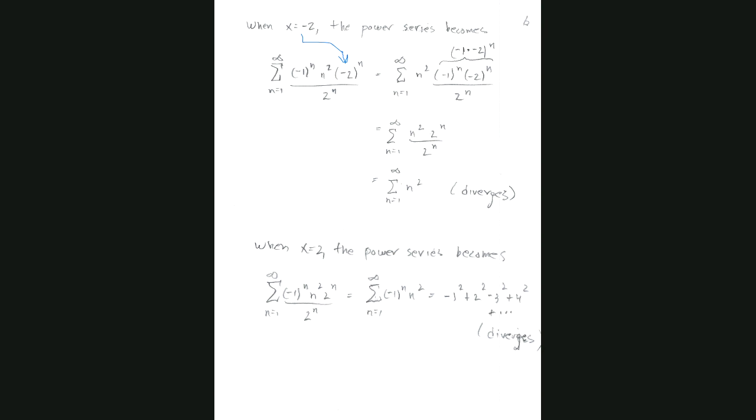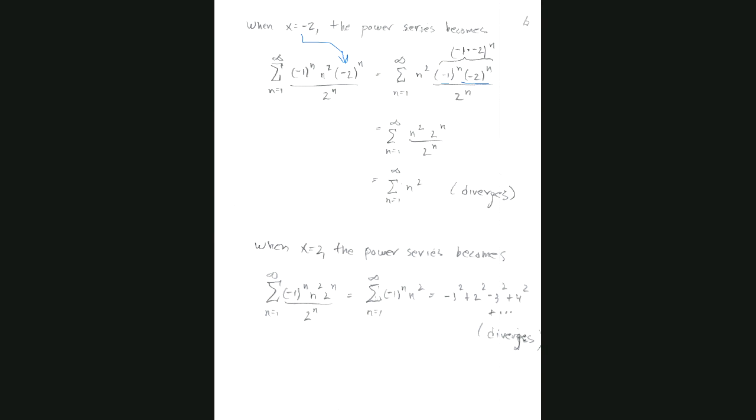When we do that, you have -1 to the nth times -2 to the nth times n squared over 2 to the nth power. I want to simplify that. -1 to the nth times -2 to the nth power is just the same as -1 times -2 raised to the nth power, which is 2 to the nth power.